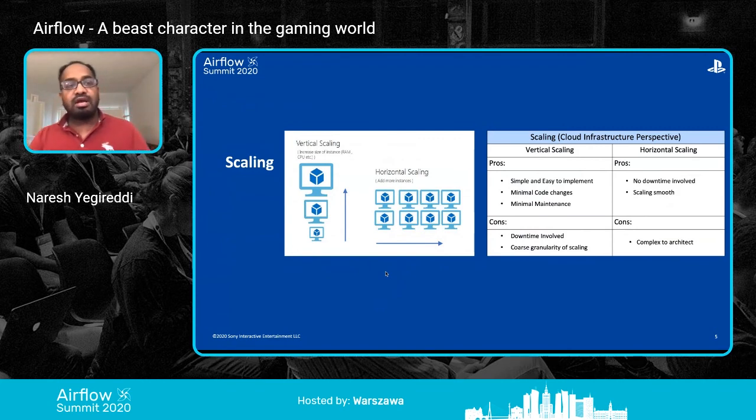So when we are talking about scaling, you have two options. One is vertical scaling and the other one is horizontal scaling. And I'm not here to talk about which one is better and which one is not, but every scaling technique has its own advantages and disadvantages.